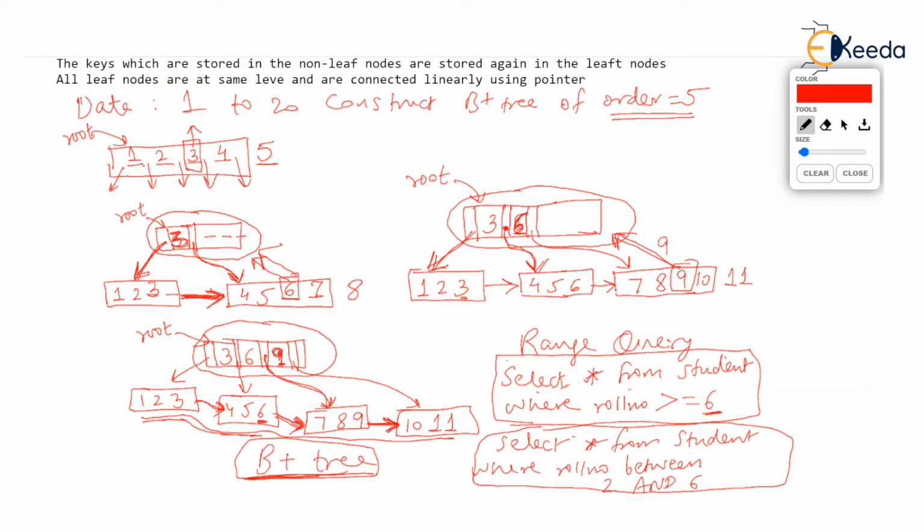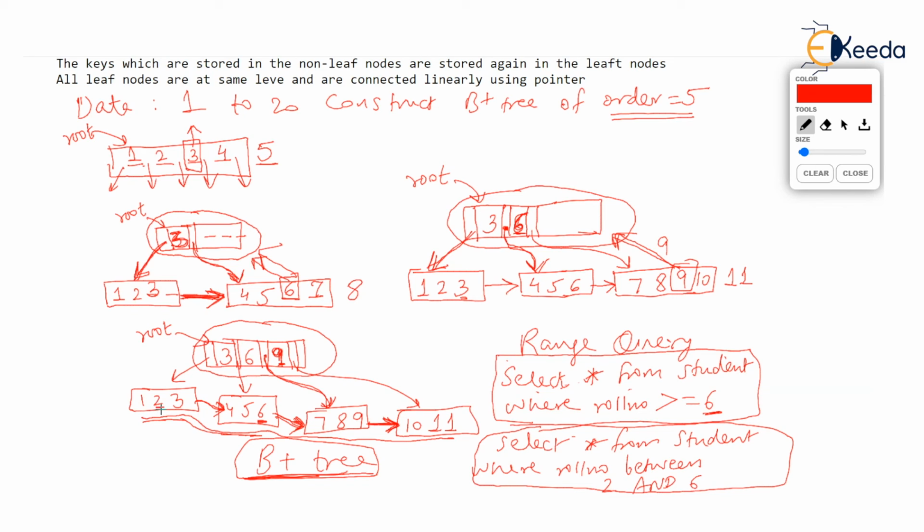Now what you are asking for, you want to search all the roll numbers from 2 to 6 inclusive. So how do you search? You first search 2, isn't it, in the given tree. From root, you want to search 2. Now 2 must be to the left of 3. And when you reach this node, you got 2. But you needed all the roll numbers 2 to 6.